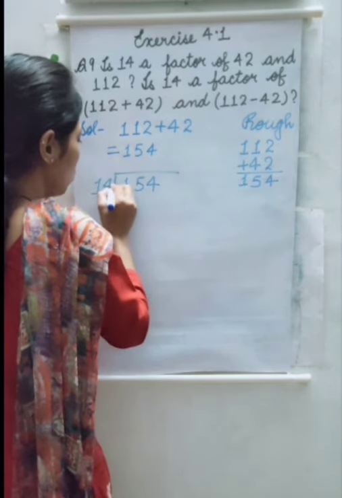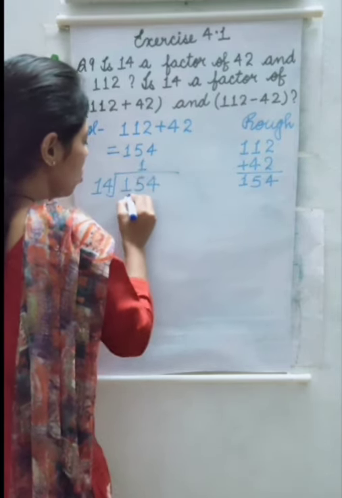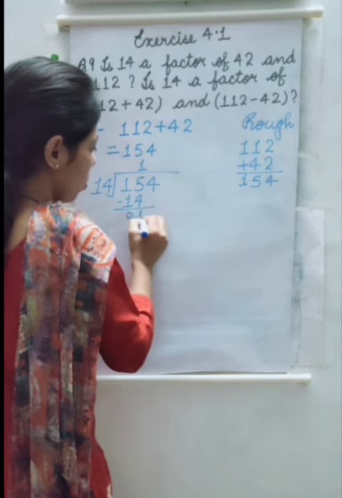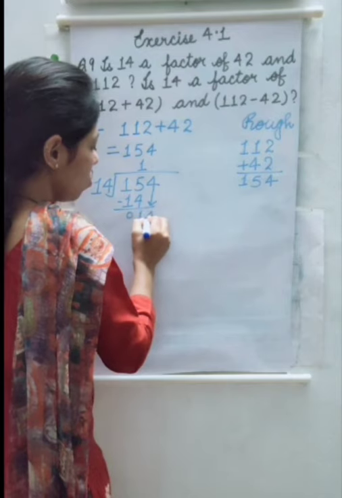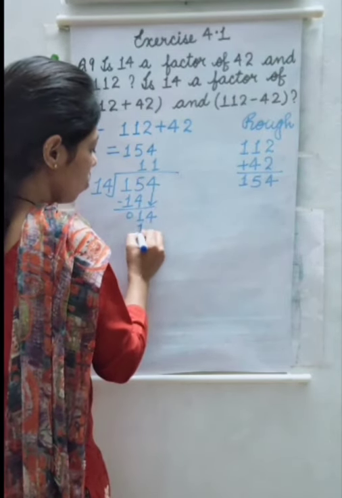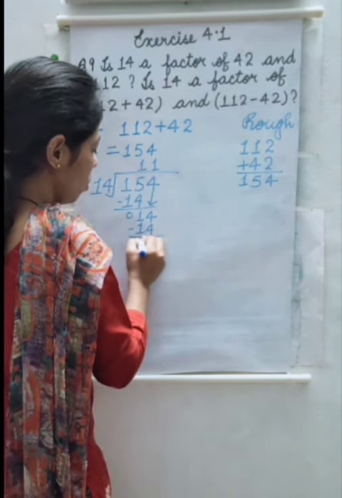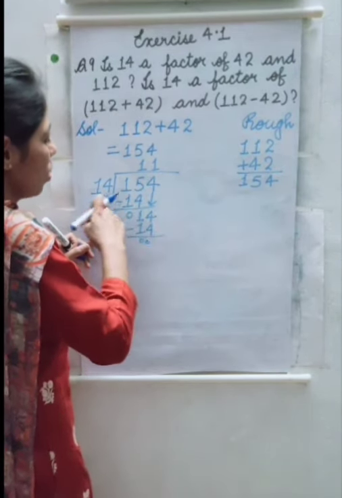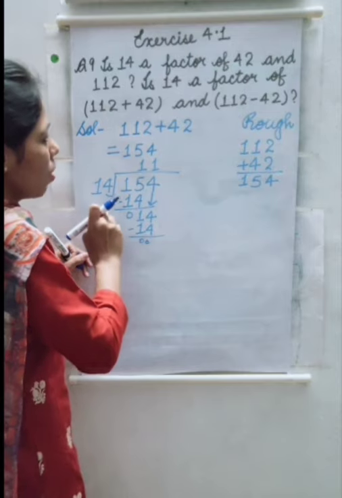So 14 ones are 14. This 4 will come down. 14 ones are 14. So here we can see that this 154 is divisible by 14.